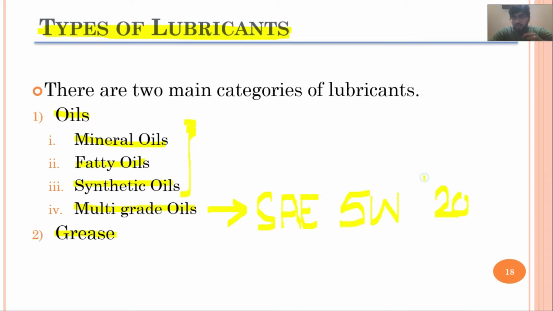Then we discussed the multigrade oil, that these oils will have multiple properties. These oils will behave like two different oils. When operating in winter conditions, they will behave like 5W, but when operating in summer conditions, they will operate like a SAE 20 grade oil.